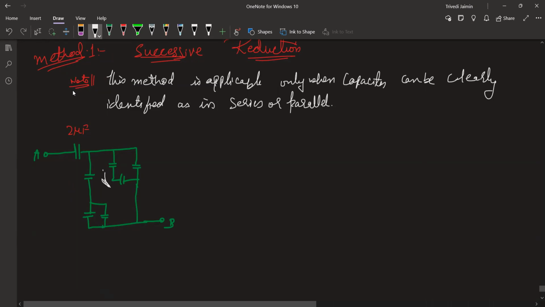This is series, right? The parallel combination will give you 3 microfarad. This 2 means 4 microfarad. 4 and this 2, so 1 by 4 plus 1 by 2, 3 by 4, means 4 by 3. This is 4 by 3 and 3. Simple. It's not that important. Let it be.